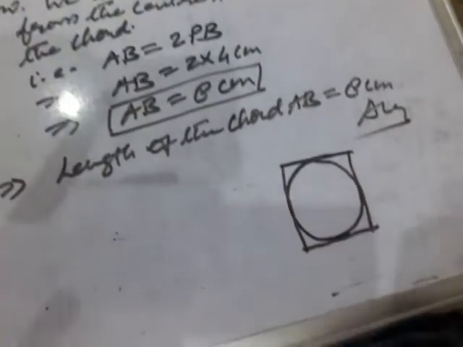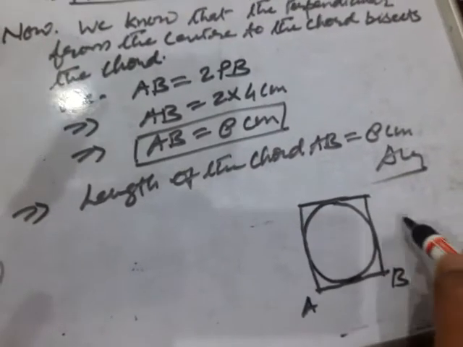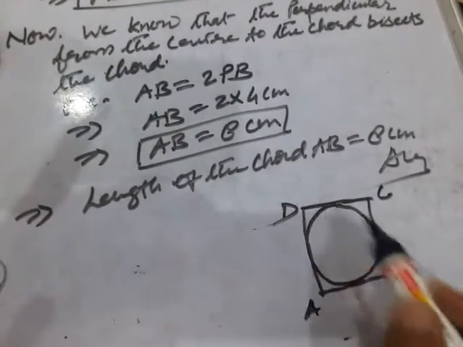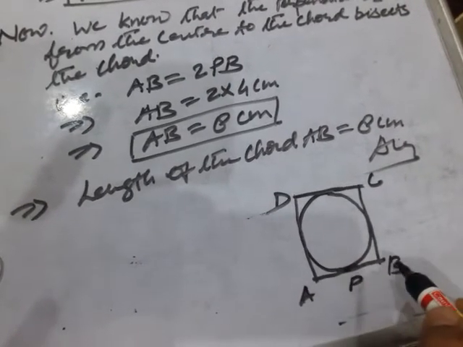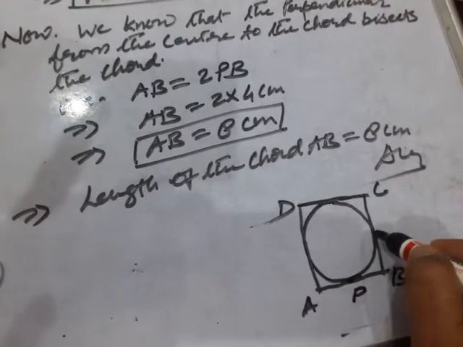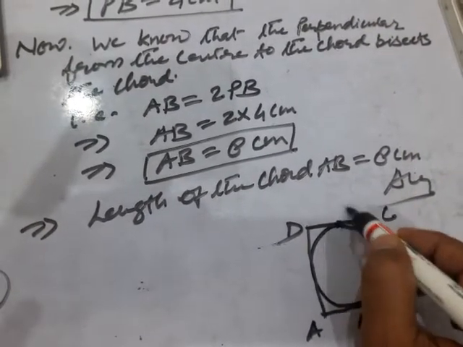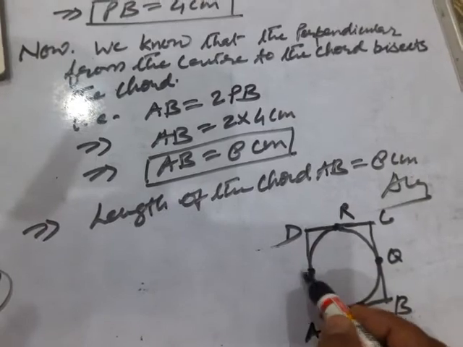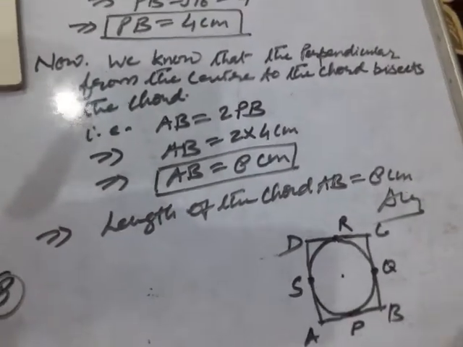We have drawn this figure. Let it be A, B, C and D. And this is point of contact P, and going anticlockwise this is point of contact Q, this is point of contact R, and this is point of contact S. And this is the circle, right children?